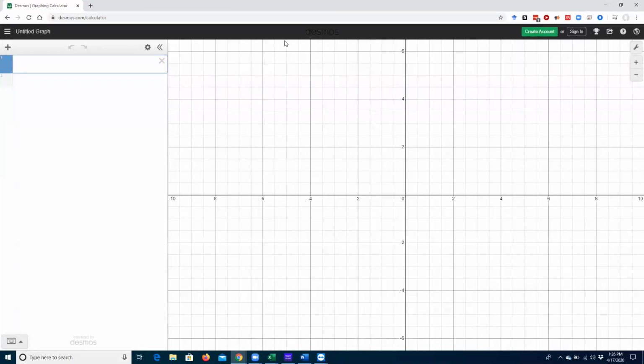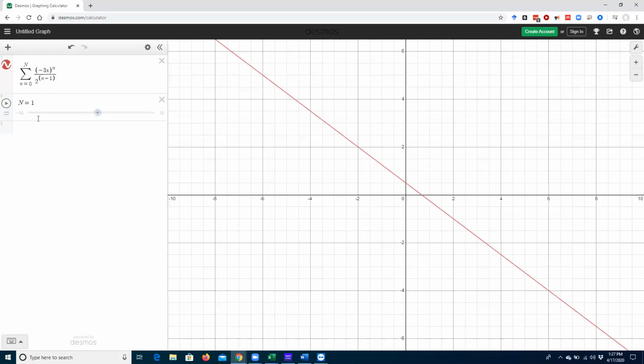And we can check this. So our series was the sum of negative 3x to the n over 2 to the n plus 1. And so let's graph that.